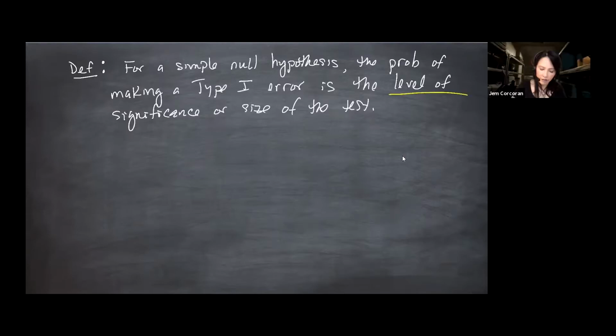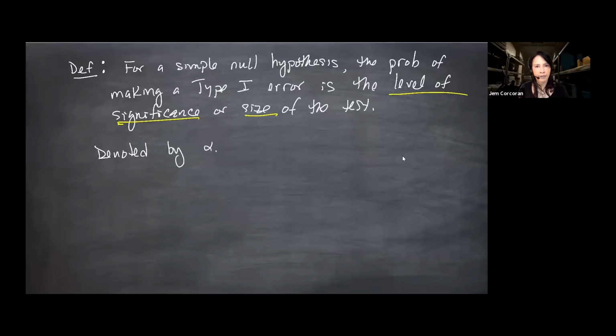I say size a lot more than I say level of significance because it makes me feel more mathy; it connects to measure theory and measuring sizes of sets. But you can say whatever you want, and it is denoted by an alpha.